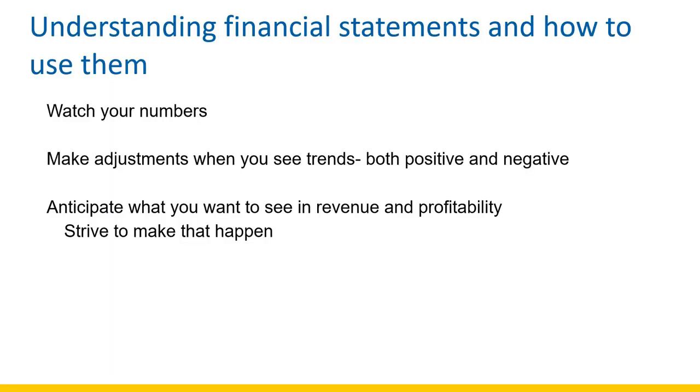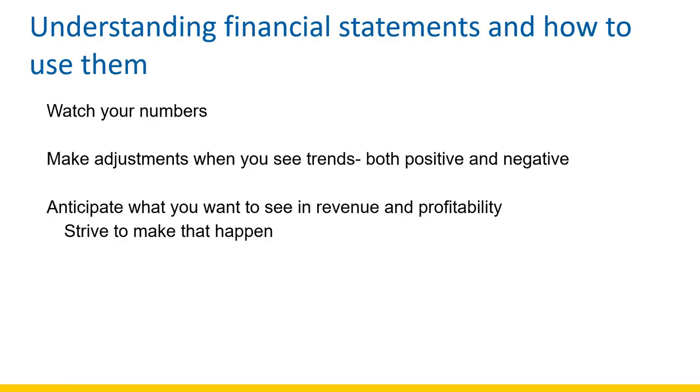We have had a chance to look at the components of the financial statements, the balance sheet, the income statement, and the statement of cash flow. So we know it's important to watch our numbers when we're running a business and then make adjustments when you see trends, positive and negative, right? If we see positive, we want to maybe understand what's creating that positive trend and do more of that.